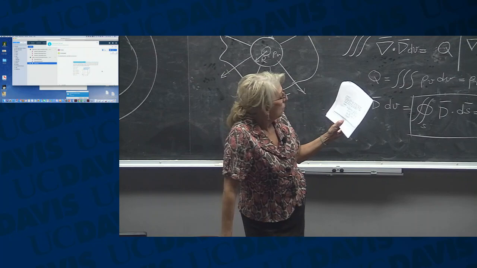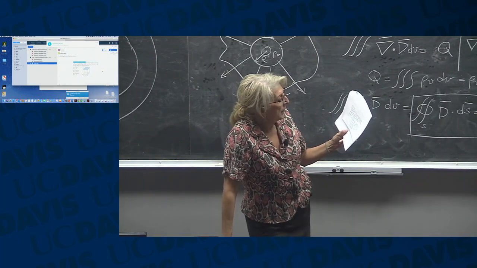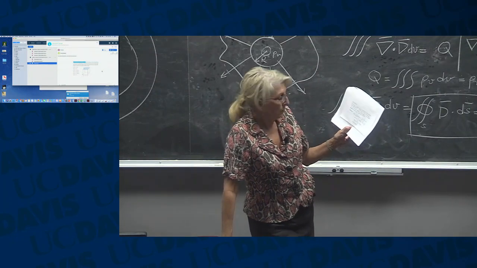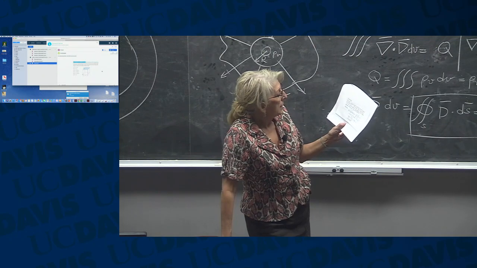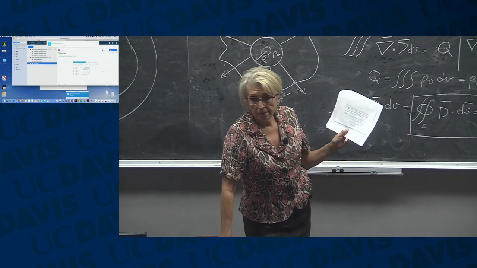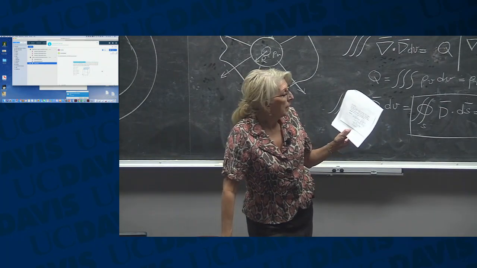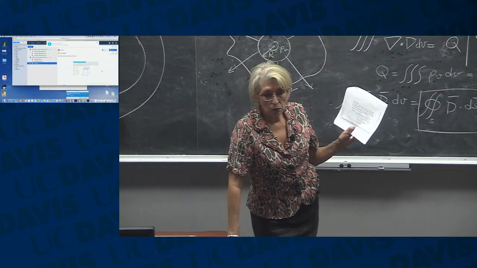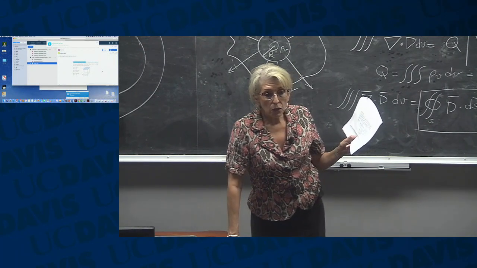The one case shows in my notes a square plate that is on the XY plane, and they give the size of the square plate. And on this square plate, there is a charge density that varies with Y. It's a square plate, but the charge density is a function of Y. And then I want you to find the total charge on the plate.